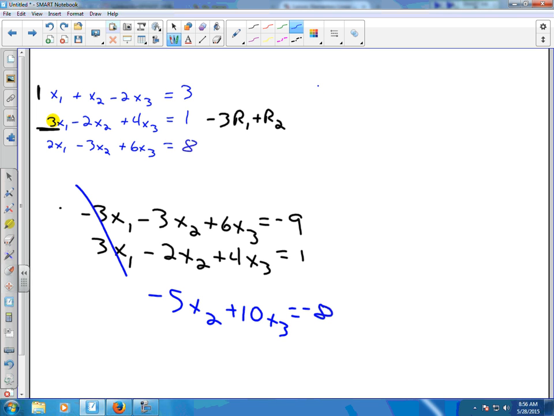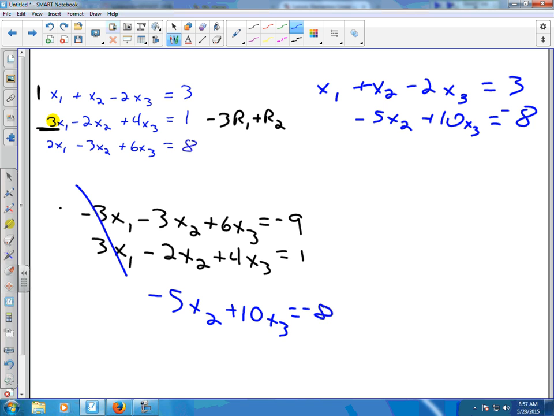So our second row becomes minus 5x2, 10x3, negative 8.